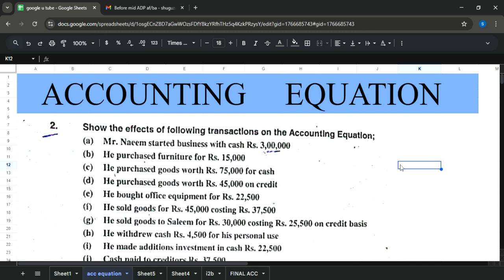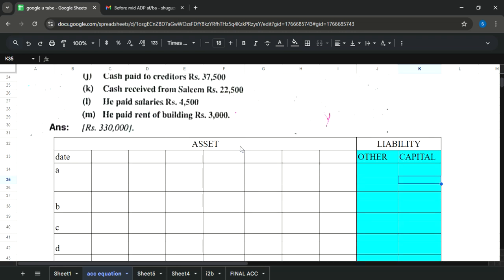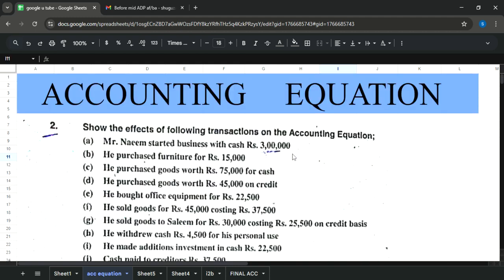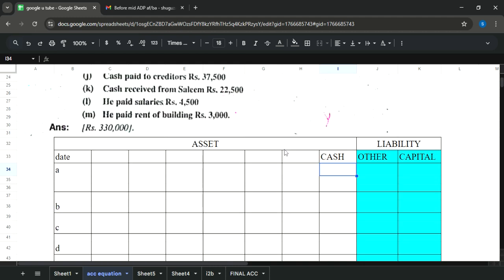So let's begin. Mr. Naeem started business. It means Mr. Naeem is the owner or proprietor of the business with cash. When the proprietor has provided cash to the business, it means cash is coming in. Cash is your asset. It means asset is increasing. You will introduce a new column, and here you will mention how much amount. 3 lakh rupees are coming in your business.